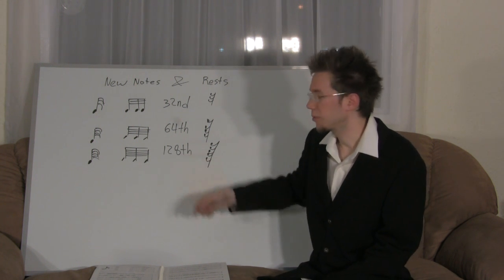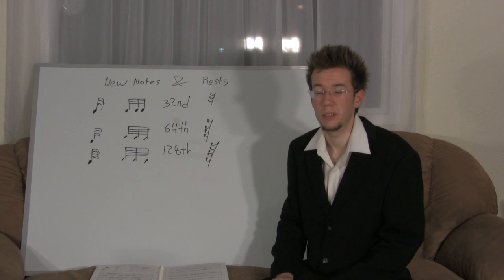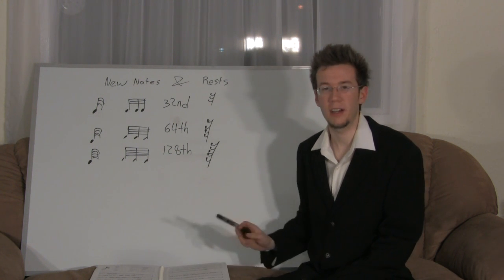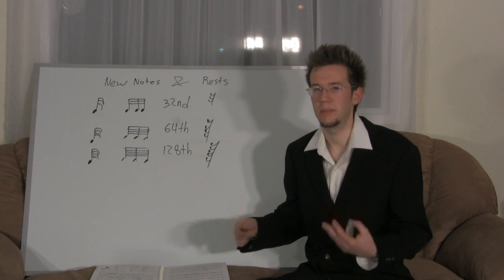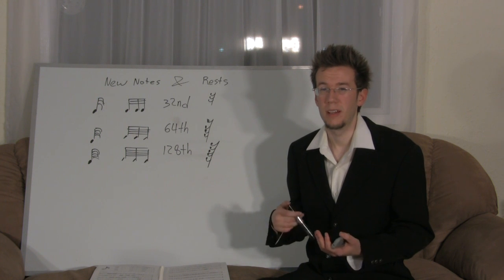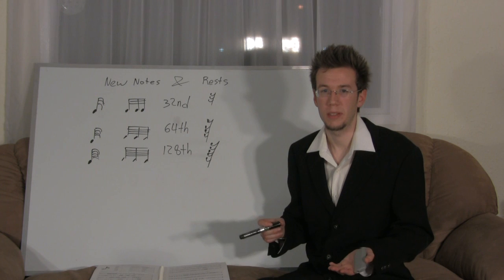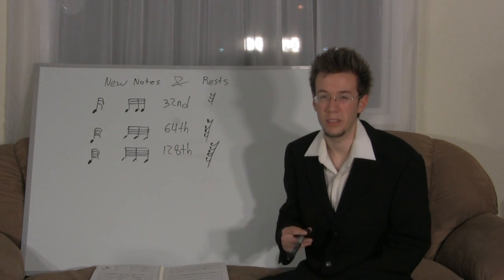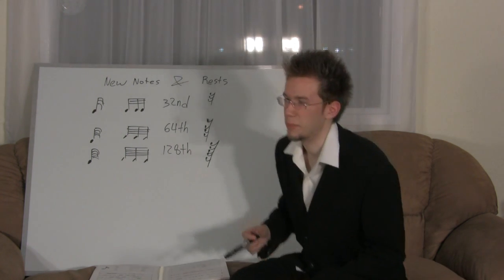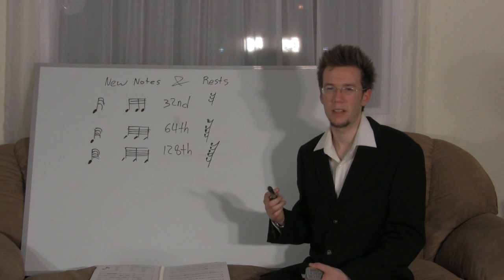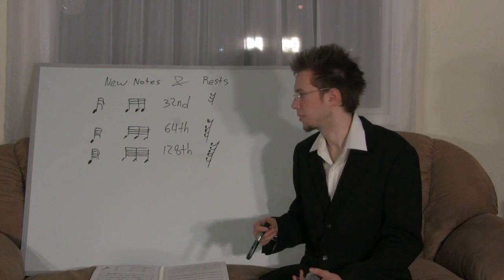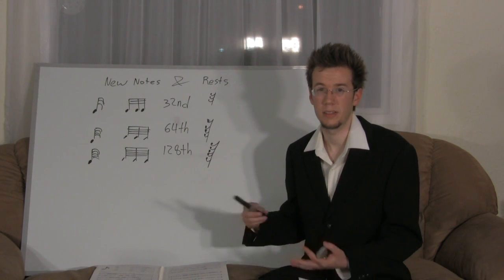Now, I've only ever seen 128th notes like once, so they're not something you see very commonly. I've only actually played one piece where I've had to use a 128th note. You don't see them all over the place, unless you're playing a lot of modern music and they do something weird with the meter.